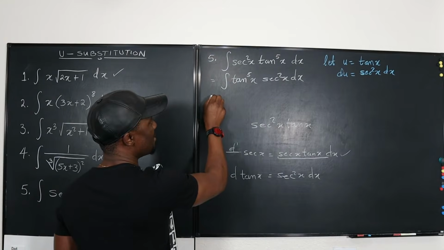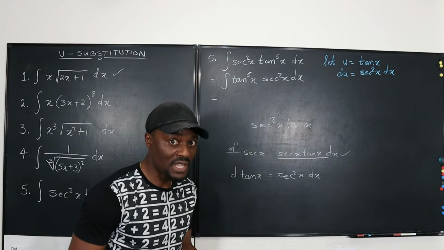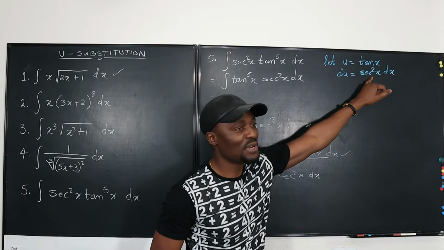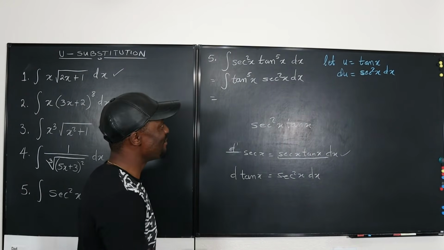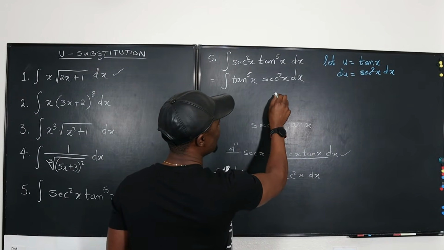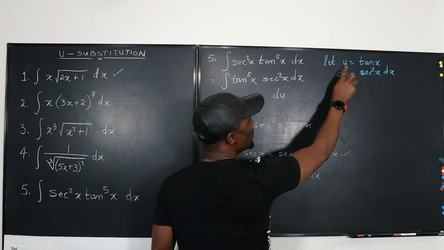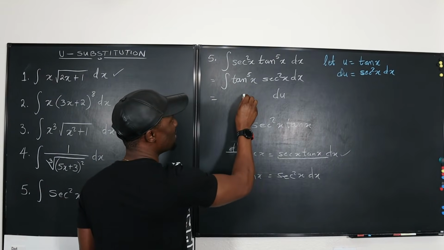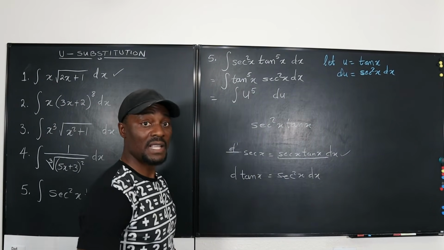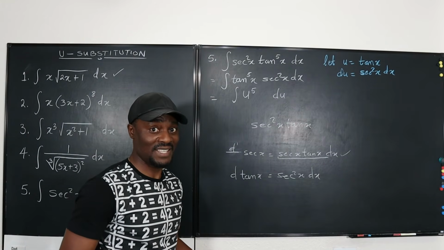It doesn't matter which one comes first because multiplication is commutative, but now I have seen what I'm looking for. So I'm going to replace this with just du. And I said u is tan x, that means this must be u to the fifth power. And then I can take the integral. That's it. This is easy, okay?